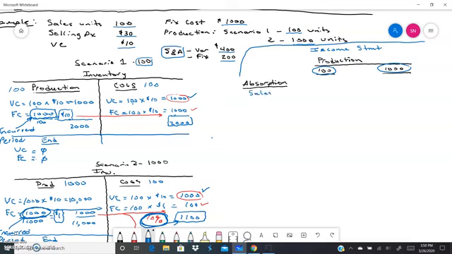Now the book sets it up a little bit differently, and we'll walk through that in the homework section, but to keep it just real simple for right now, and based on the numbers that we've put together, just so that we can see the difference in how the income statement is constructed. But again, we have sales. In both scenarios, we had $3,000 of sales under both production of 100 units and the production of 1,000 units.